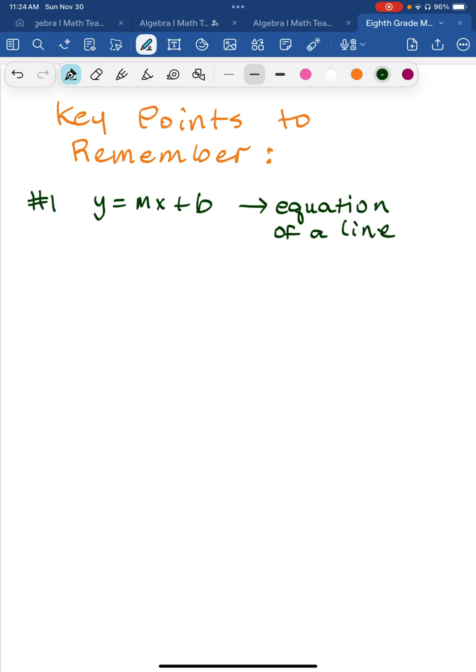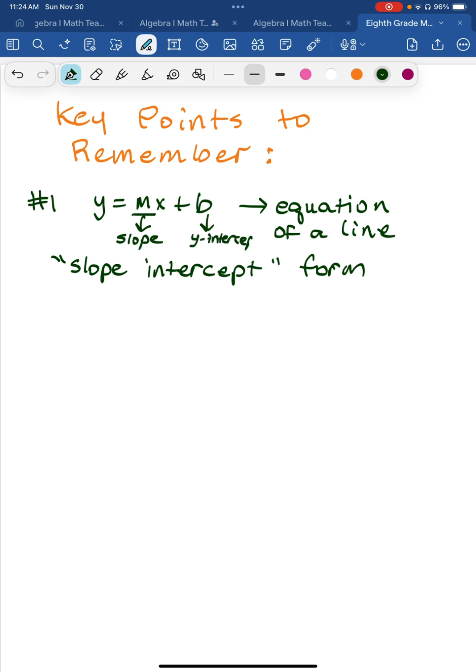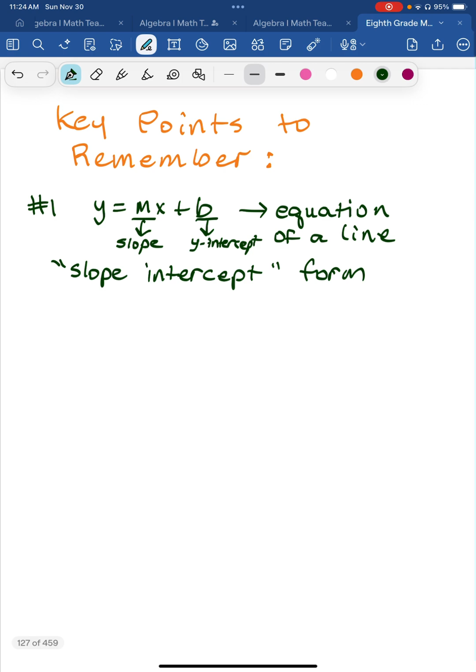We call this the slope intercept form because we have the slope right here and the y-intercept right here. Okay, so the most important thing to remember is that m is the slope and b represents the y-intercept. So let's talk about what those are really quick.